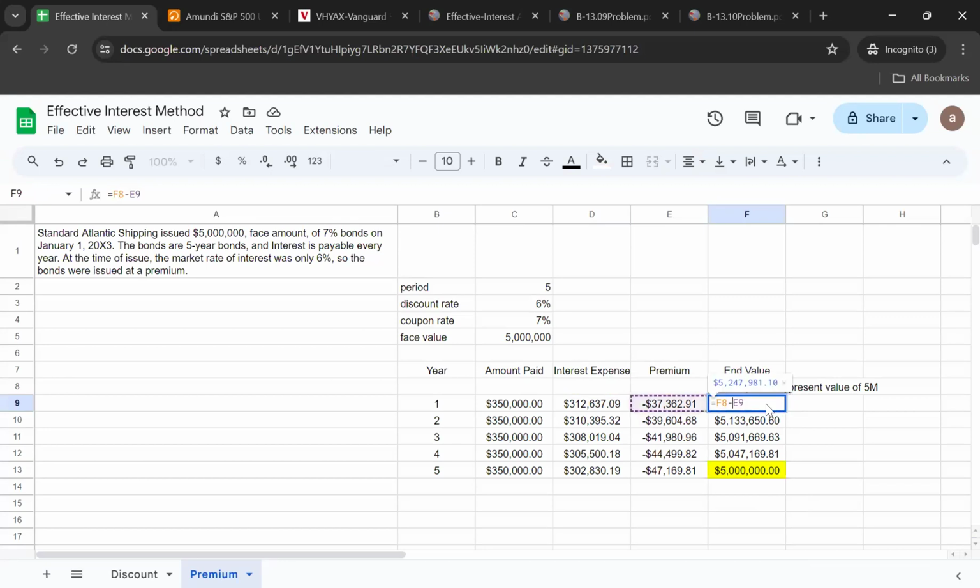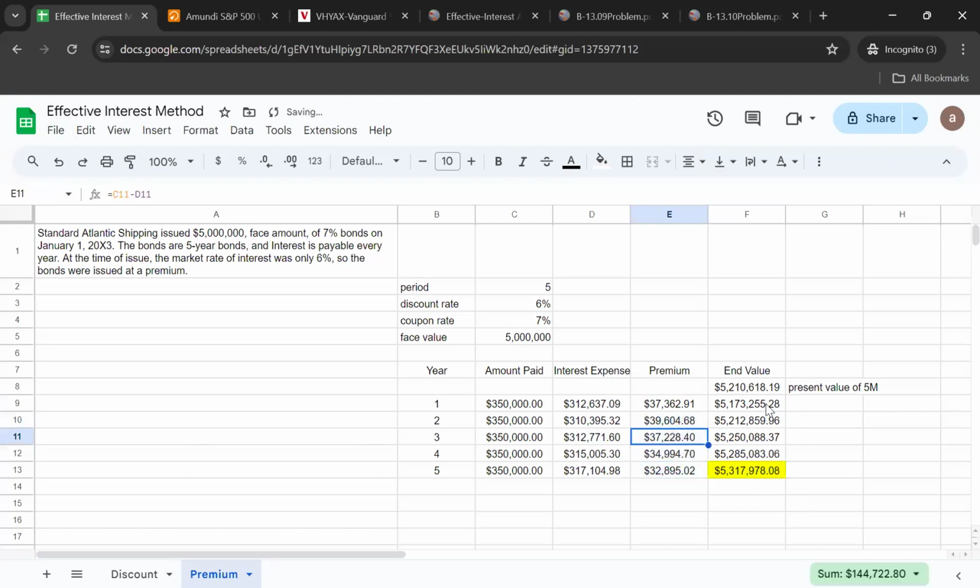So we can do this if we want to make this number positive. So let's do this. Then we would come back to the same number, 5 million. And then yes, right. So we have checked the formulas. So this is the premium.